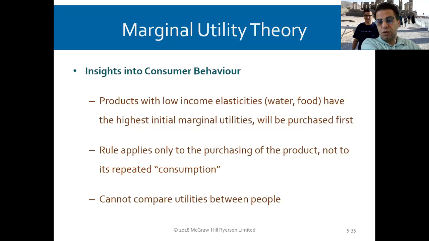The marginal utility theory gives insight into consumer behavior. Products with low income elasticity, like water and food, have the highest initial utility and will be purchased first. The more your reaction to a product, it means it has the highest utility, like food and water.